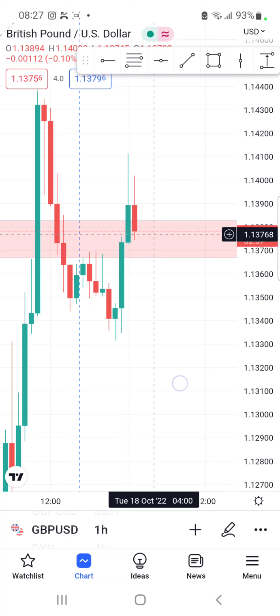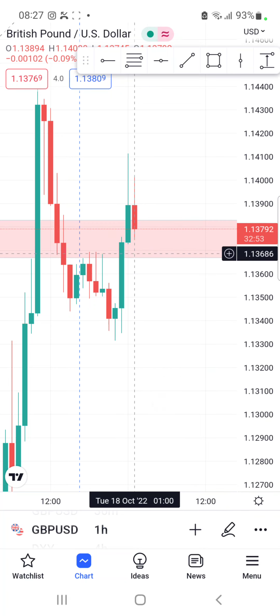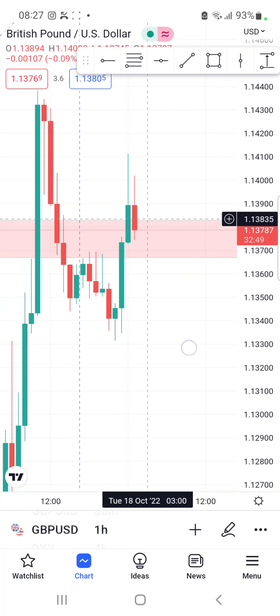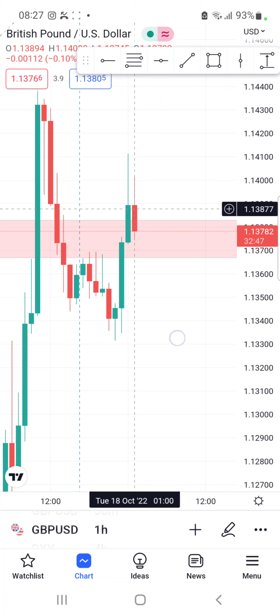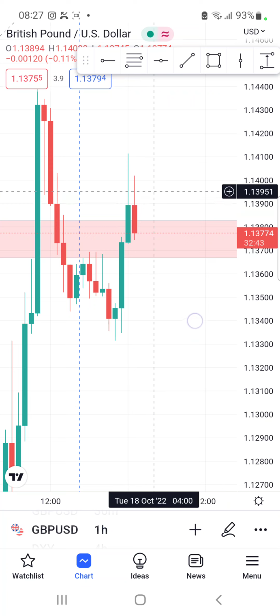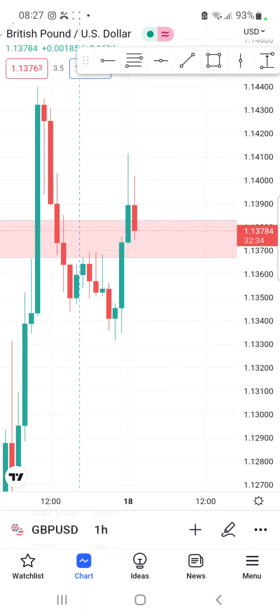This is going to be the price movement from 8 to 9, so this candle is going to close at 9. If the candle is going to be bearish, it starts by forming the highest point, then clears the lower wick, then closes.